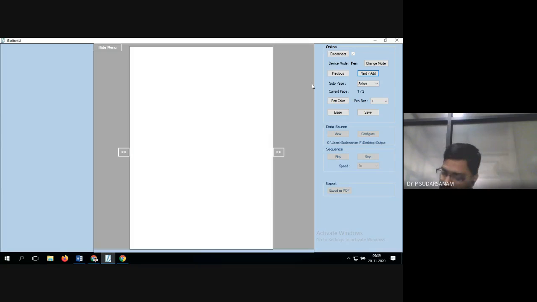Write it here: the i values, and this is the j values. i goes down, j goes row wise. So j goes 0, 1, 2, 3, 4, 5, and i goes from 0, 1, 2, 3, 4.